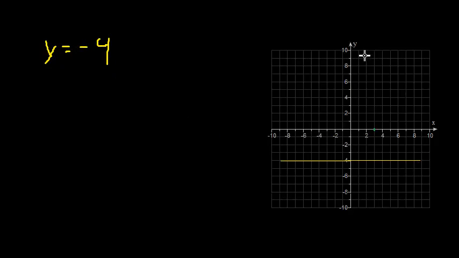If I have, say, this line here, I see that it is a vertical line, which means it will be x equal to something. It goes through the point 2 on the x-axis, so it's x = 2. So x = 2 gives us this vertical line, y = -4 gives us that horizontal line.